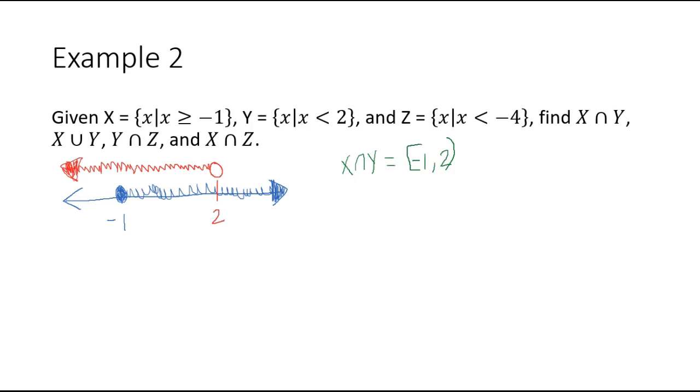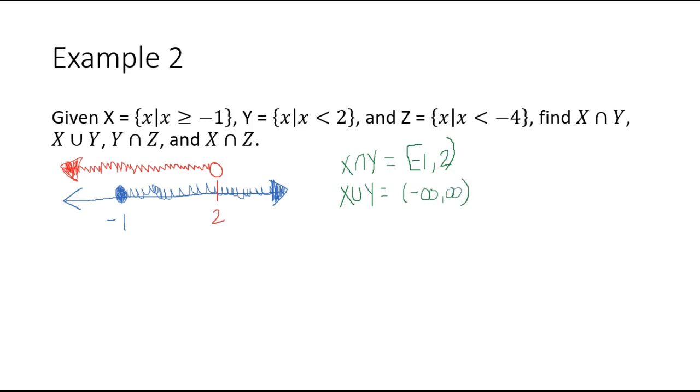And remember, in the middle, this was the intersection between the two, so we have double shadings in there, so that should also be considered to be part of the union. And so the union between the sets x and y is going to be actually the entire number line here, and that's going to go from -infinity all the way to +infinity.